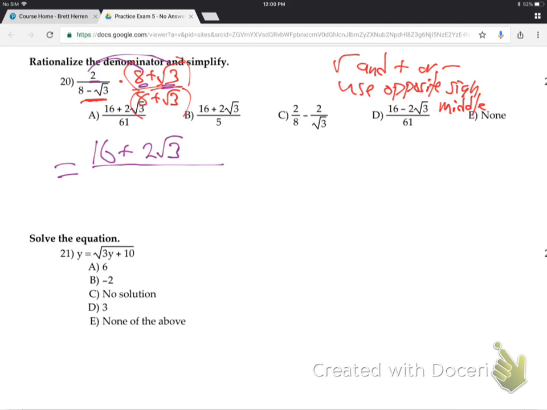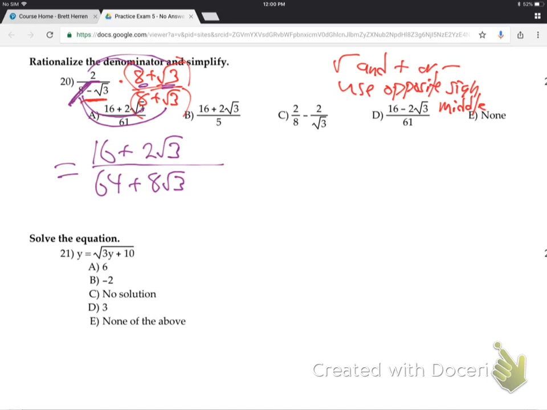So here we go. 8 times 8, 64. 8 times root 3, the 8 just stays out and the root 3 stays in. He's done. So remember, you take the first to both, and then second to both. That's how we always FOIL, right? First to both, when his turn's over, then second to both.